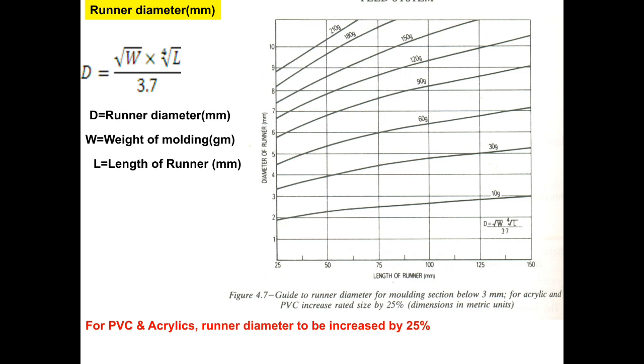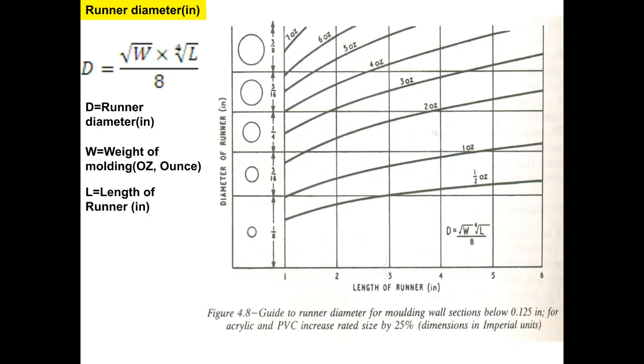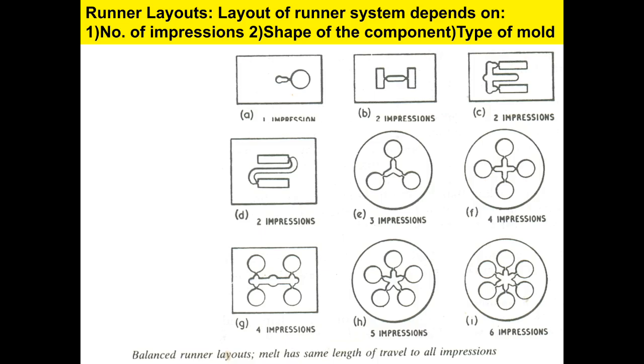The diameter of the runner, you can observe from the y-axis, lies on the 50 mm vertical line at about 5.4 or 5.5 mm. So this is the standard nomogram. This one is in inches, runner diameter in inches.